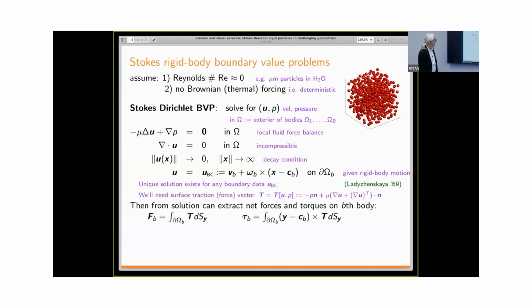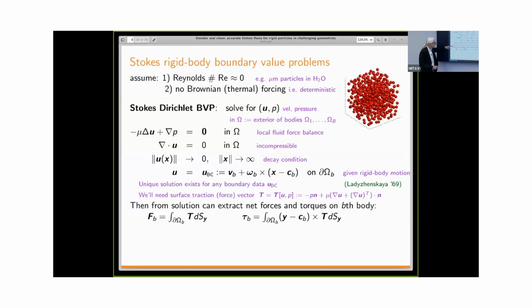Okay. So do ask questions, by the way, if anything's unclear. You're going to need the surface traction. This is the force that the fluid applies on these surfaces. You can just extract that by dotting the stress tensor into the normal vector on the surface. But the point is it's a derived product coming from the derivatives of the solution that you've already gotten.